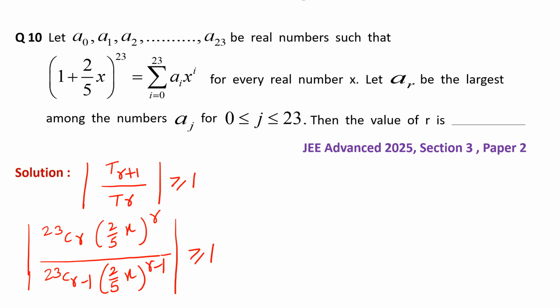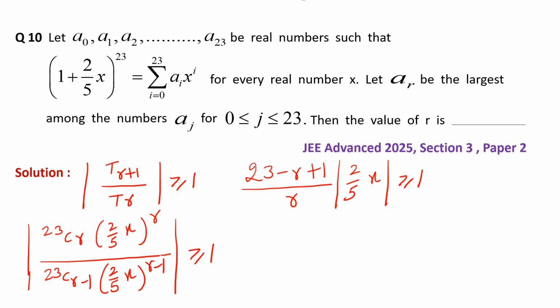Now students, this can further be written as (23 minus r plus 1) whole divided by r outside the modulus sign, into mod of 2 upon 5 into x, greater than or equal to 1.